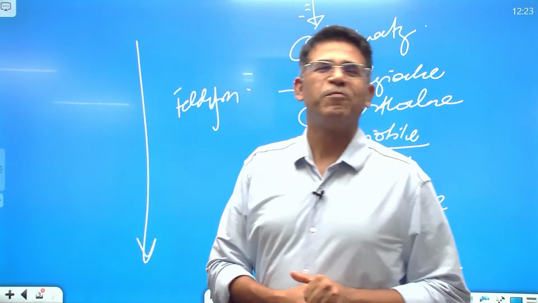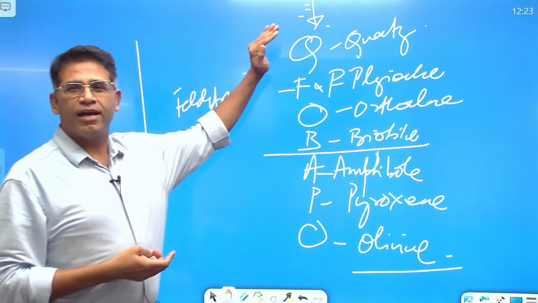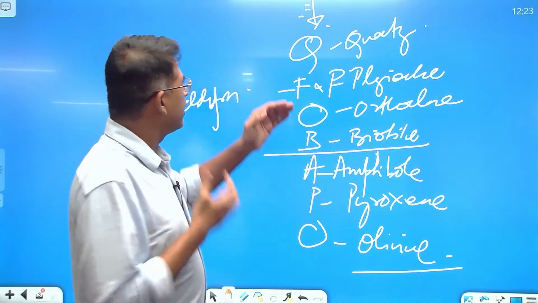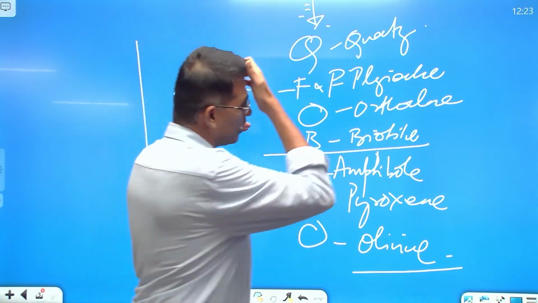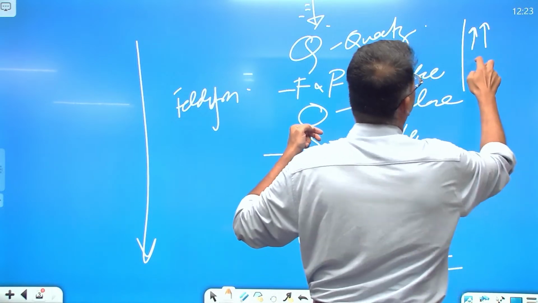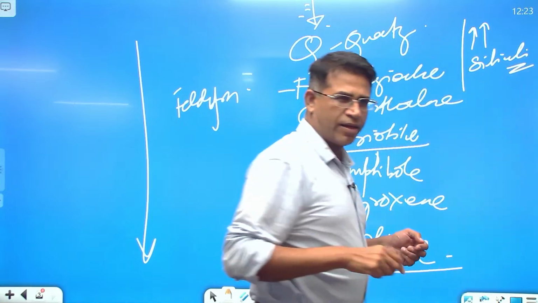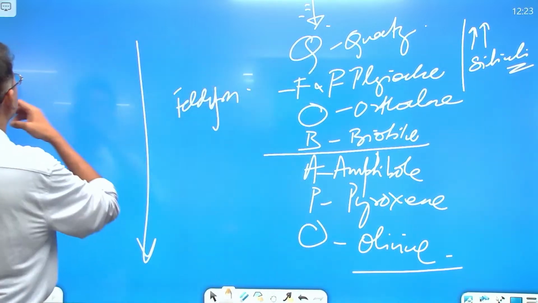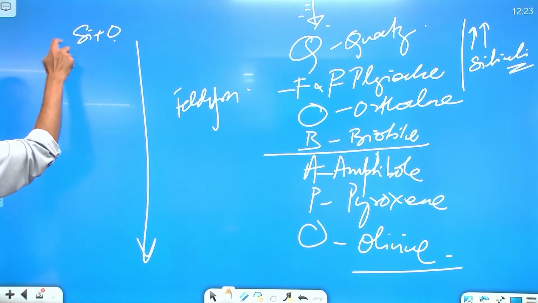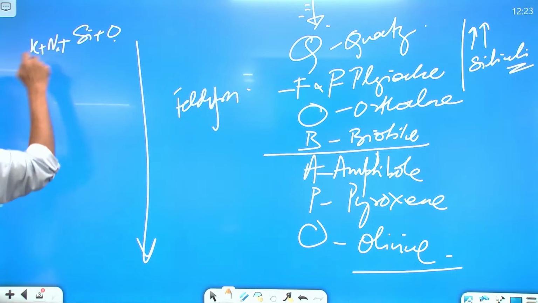Okay, let's get back here. So these are the minerals and the properties I mentioned. These minerals are higher in the silicate component. Any silicate mineral will have silicon oxide, oxygen, plus potassium, sodium.